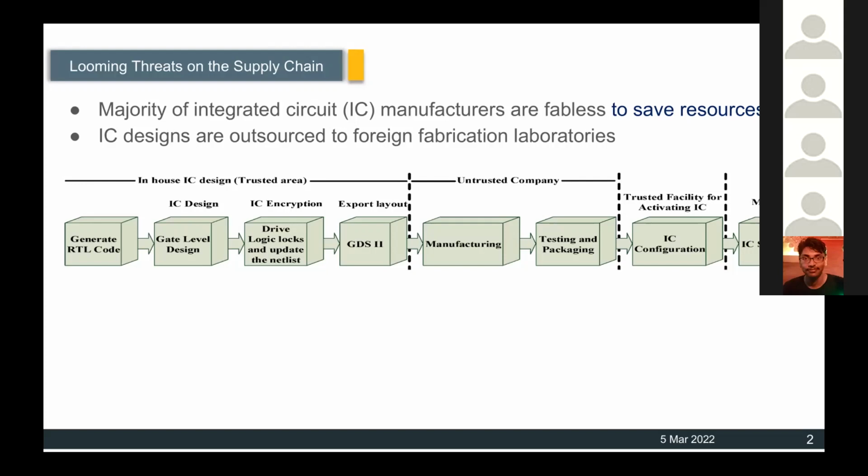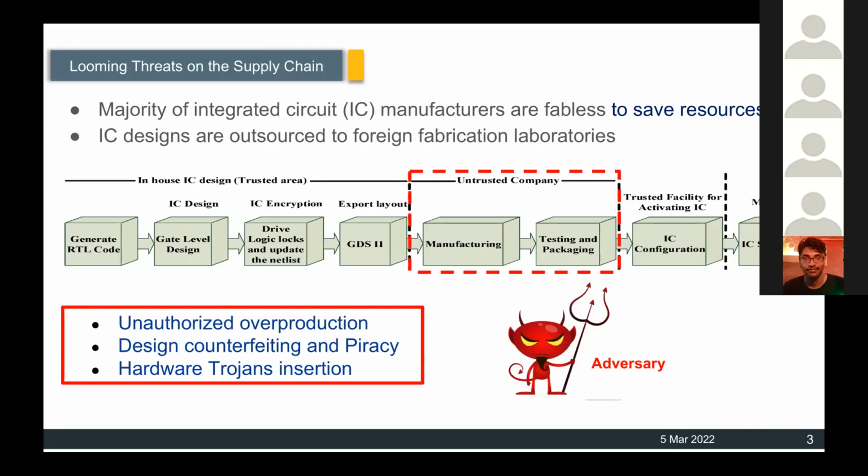Very often the IC designs are outsourced to foreign fabrication laboratories, and this raises the question of trust. From the adversarial point of view, there are many entities, in particular the manufacturing, testing, and packaging, which are done at sites unknown to us.